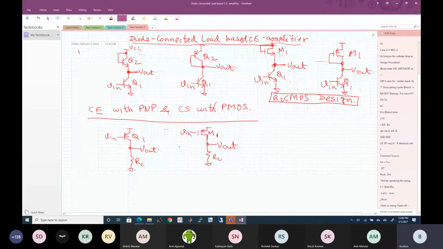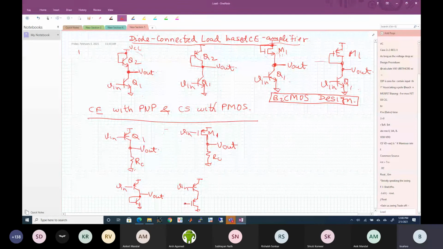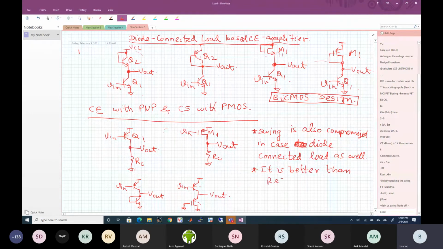Okay, so how will you replace that in case of this thing? V in. So one option is you put the NPN like this, becomes V out. Second option is you can replace it with PMOS. Resistive load.